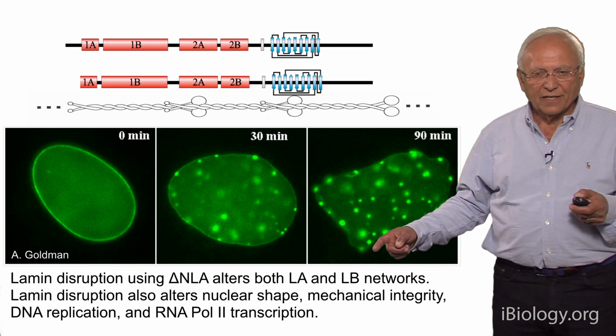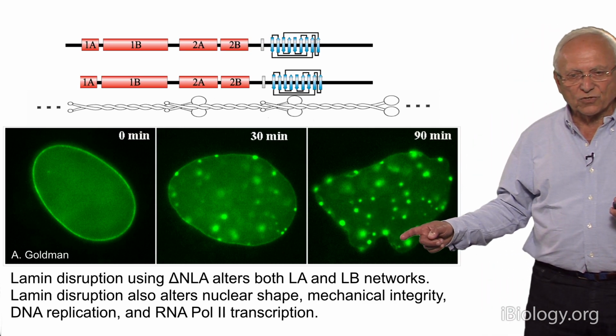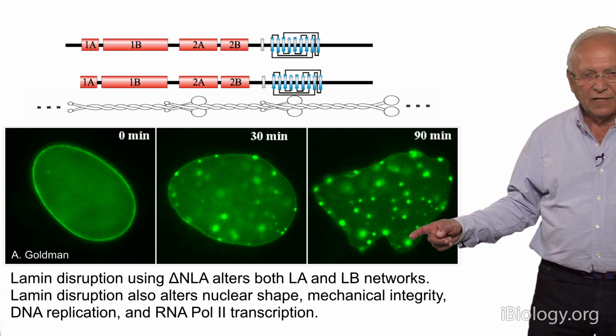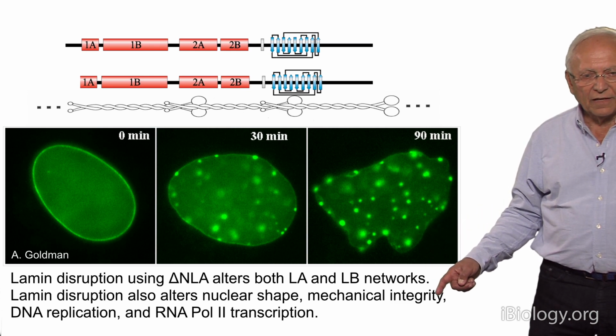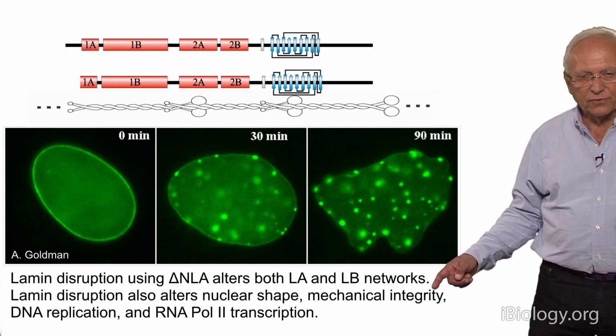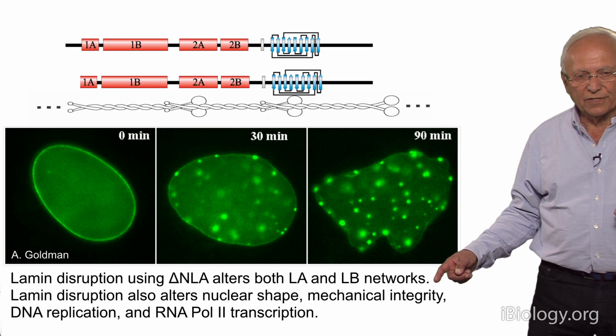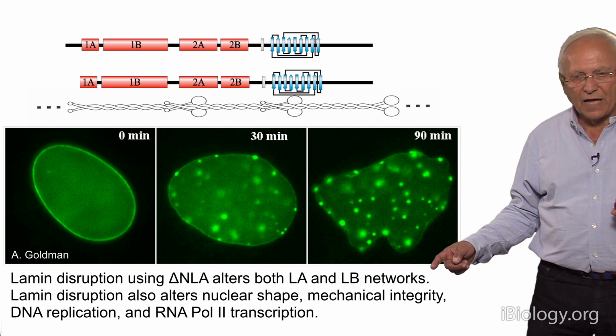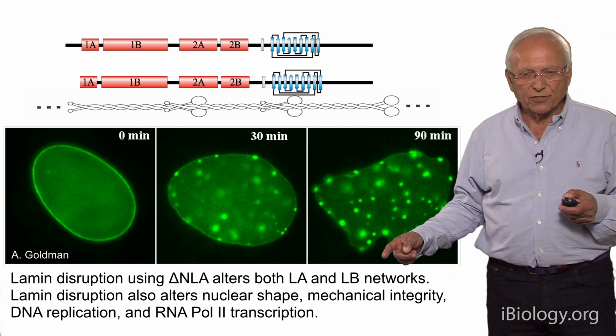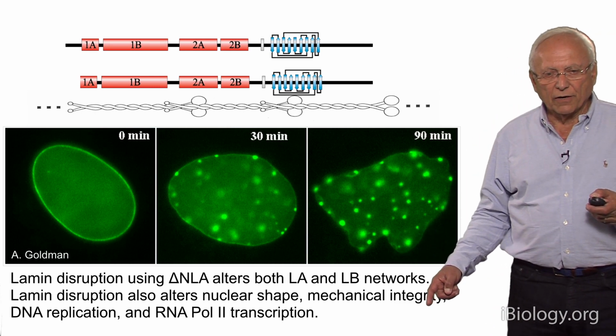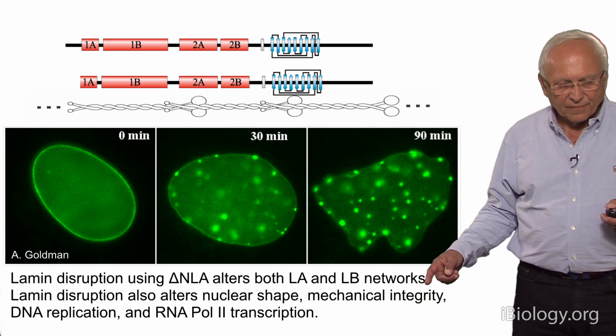And we noted that under these conditions where you get disruption of lamin organization, you get not only lamin A disrupted in this case, but also lamin B. And lamin disruption also alters nuclear shape and the mechanical integrity of the nucleus, and also stops DNA replication, as I'll show you in a minute, and RNA pol II transcription.